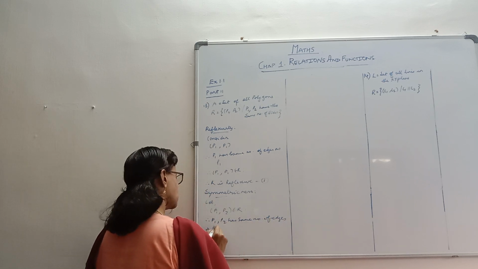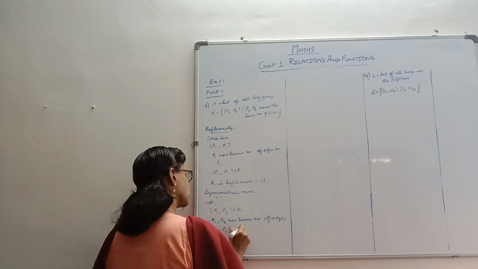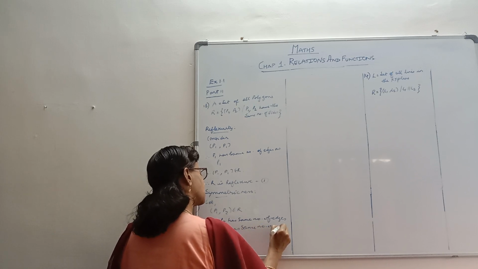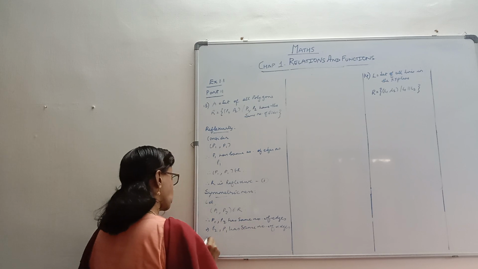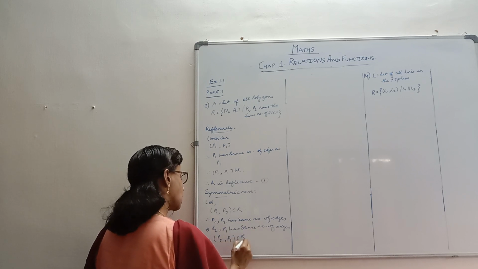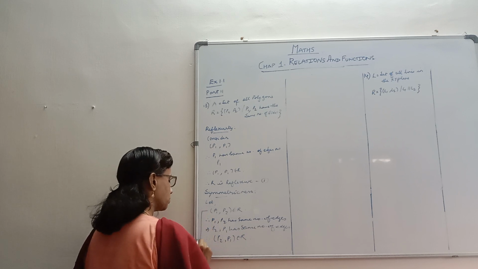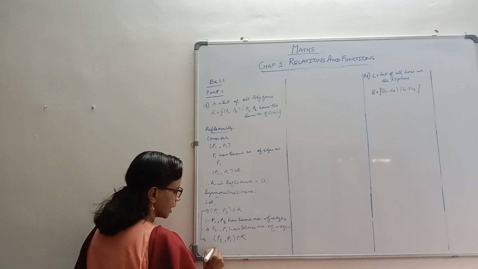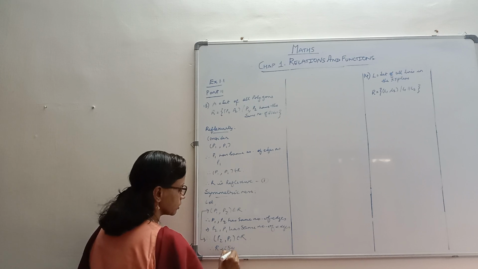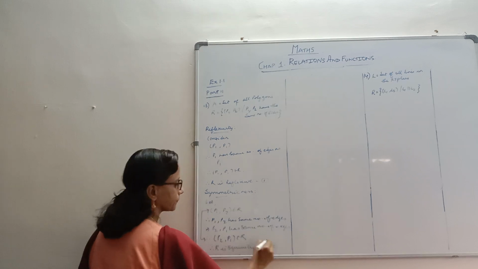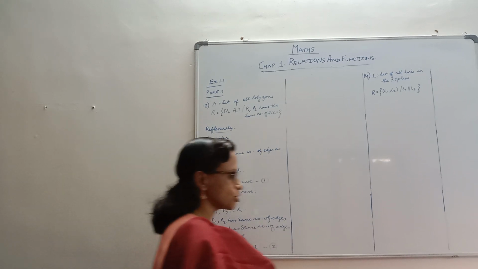That implies that P2 and P1 also have the same number of edges. Therefore P2 comma P1 belongs to R. Starting with P1, P2 belonging to R, P2 comma P1 is belonging to R. Like that, R is symmetric. That is our equation number 2.